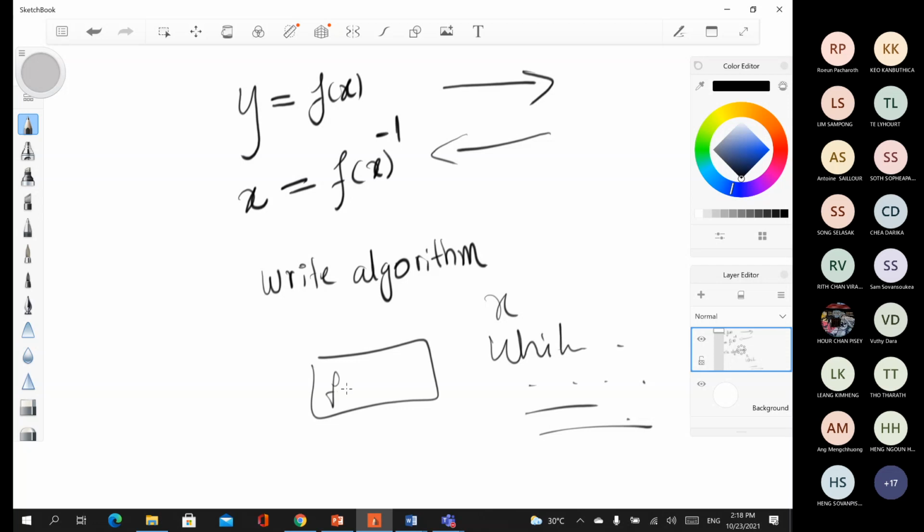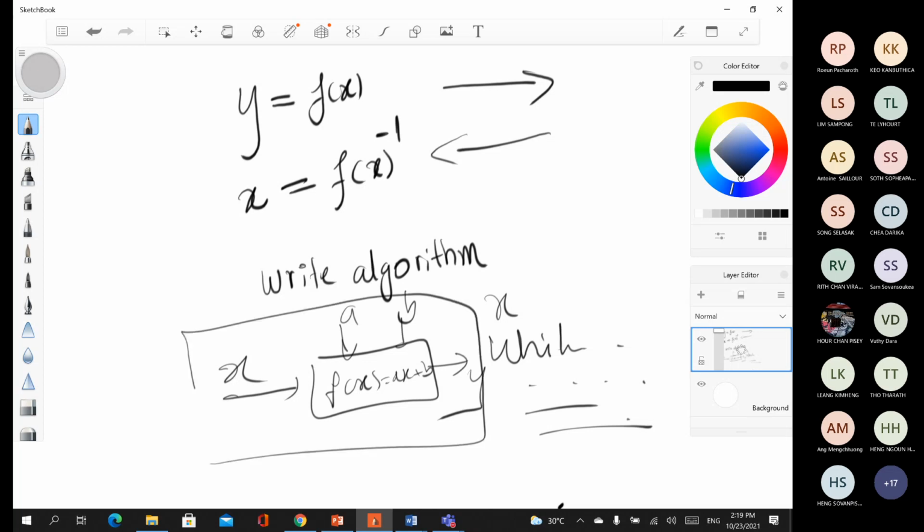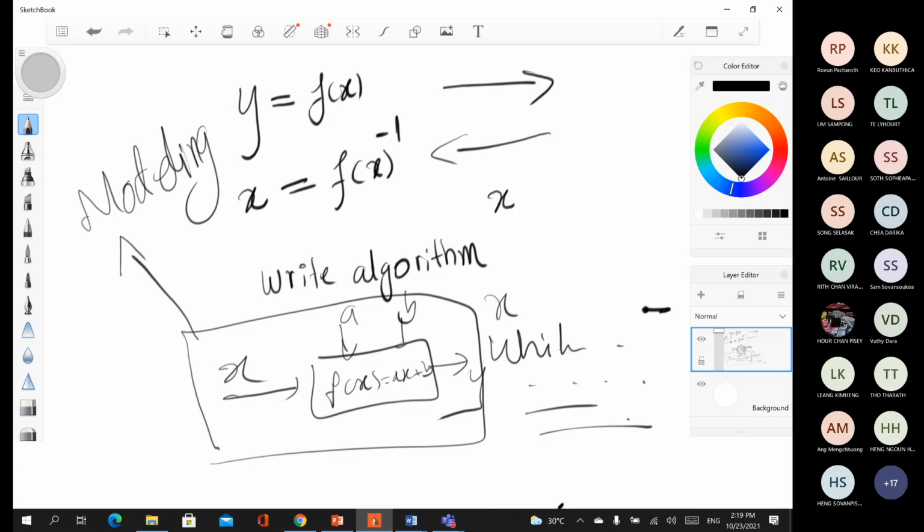We have f(x) here, the equation equals ax plus b, with a and b as constants, and then we have input x, and the output we get here. Some people just represent the system like that. The way you try to represent something like this, we call modeling.